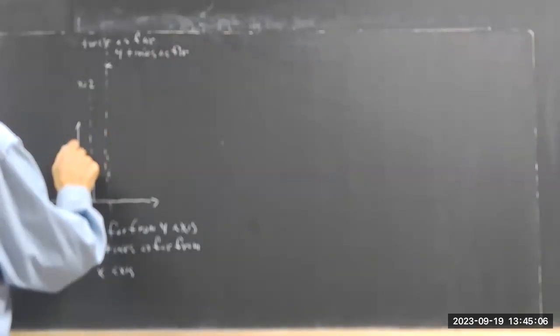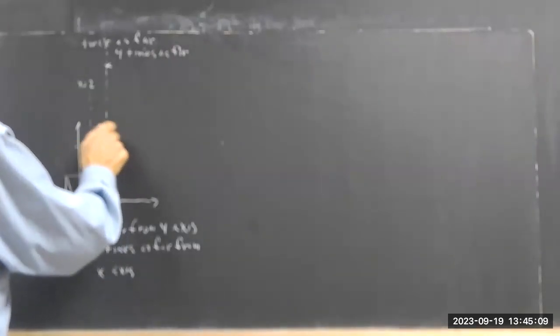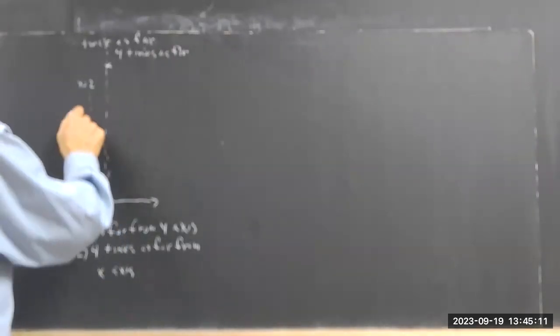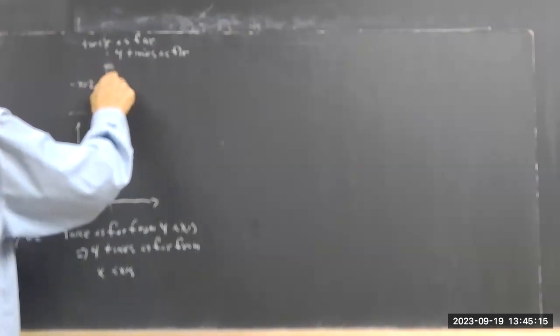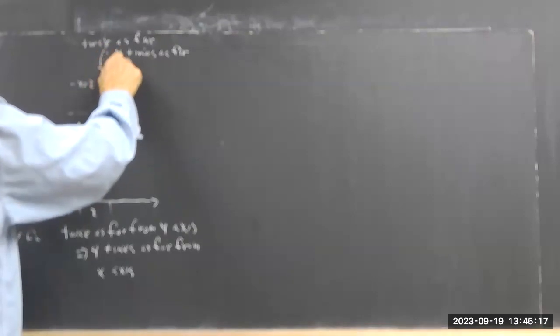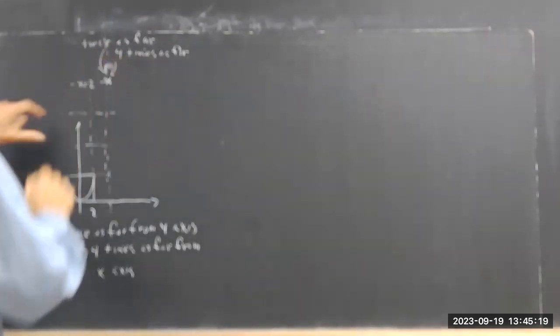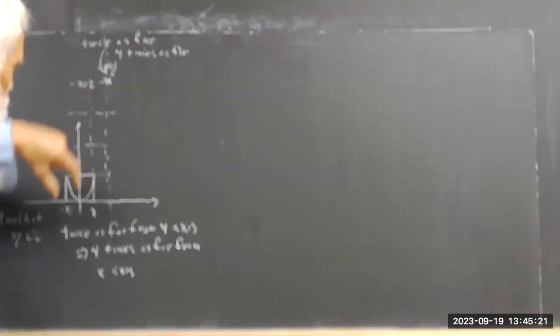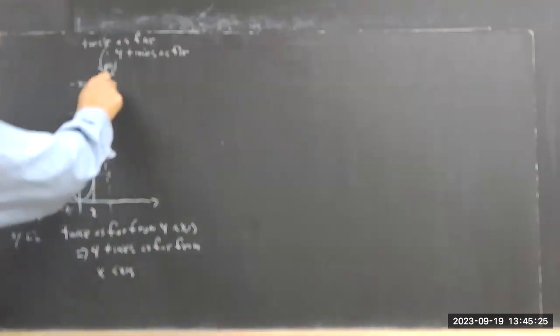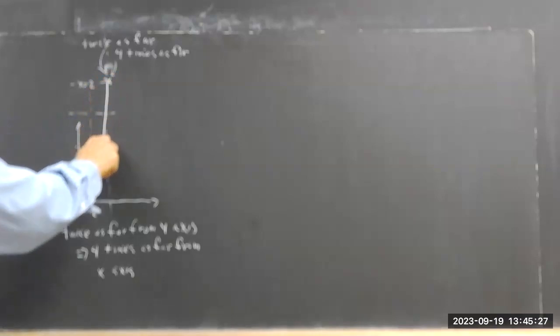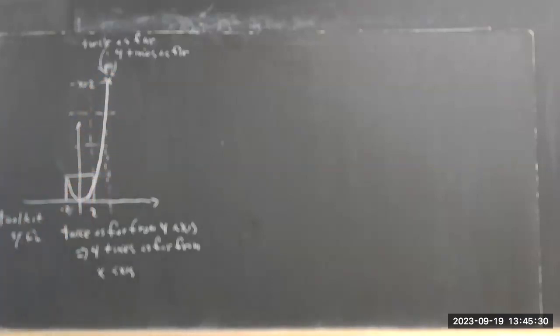So we go this far, this far again, this far a third time, and this far a fourth time, which puts us about here. Twice as far from the y-axis, 4 times as far from the x-axis. So we have this point, and now we can extend the graph like so.